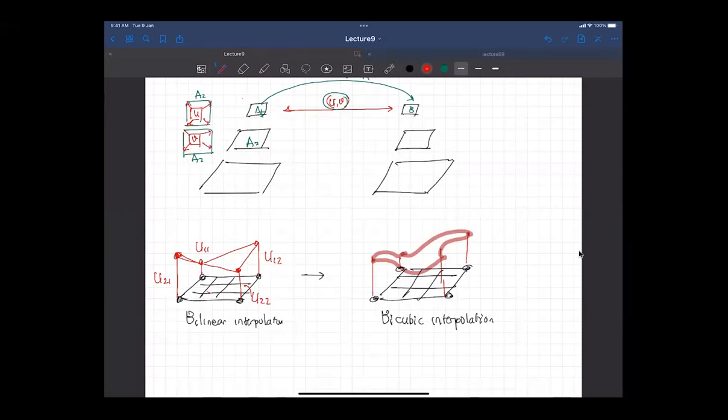In that case, you have UV prime. UV prime is the enlarged version of your original UV, right? And then you do the warping. So here you use UV prime to warp A2. If you warp A2, what happens is that you will have a much closer image to B2.